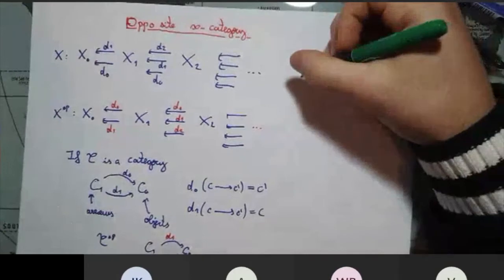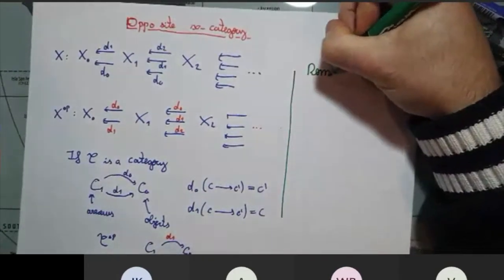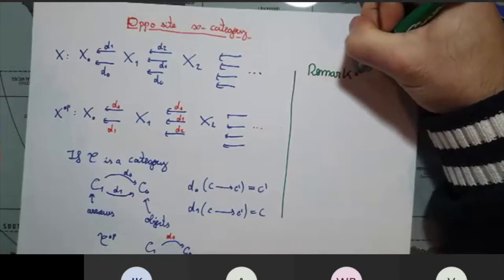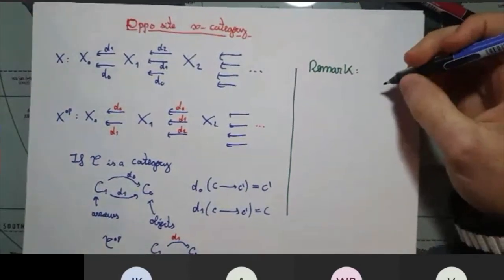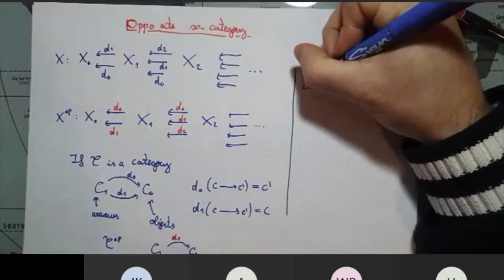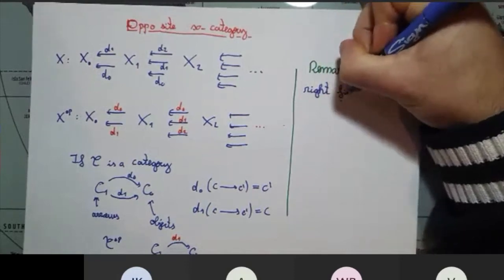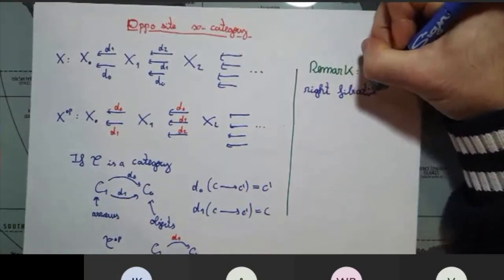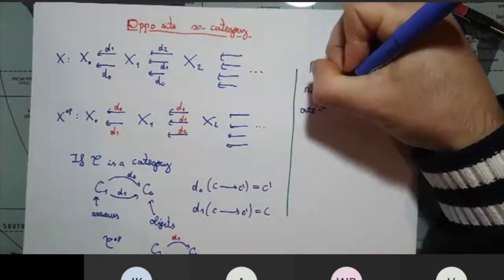Okay, so in particular, right fibrations are dual to left fibrations.